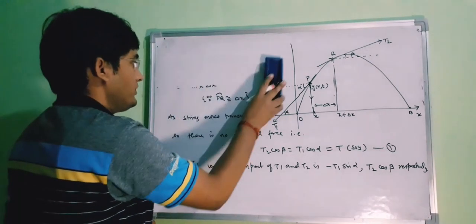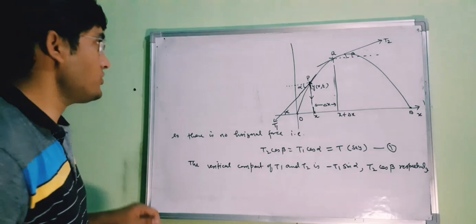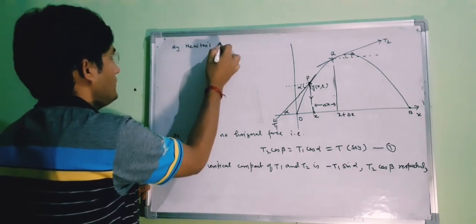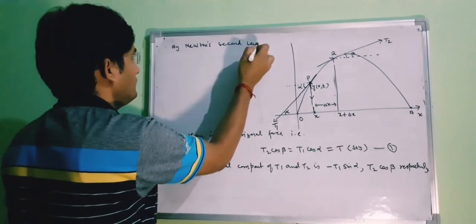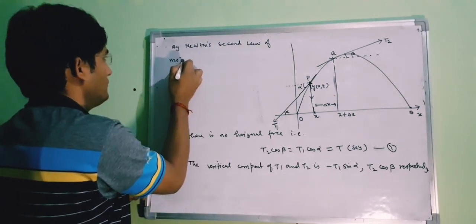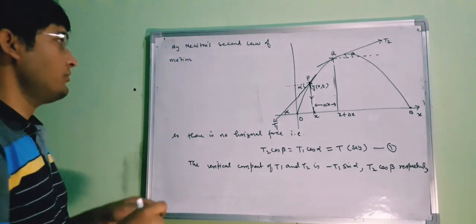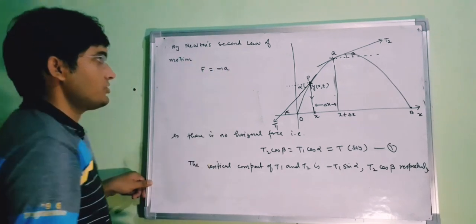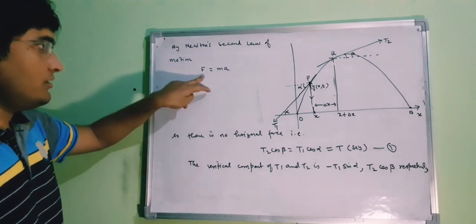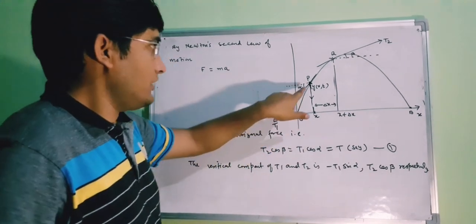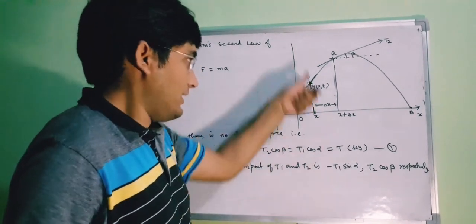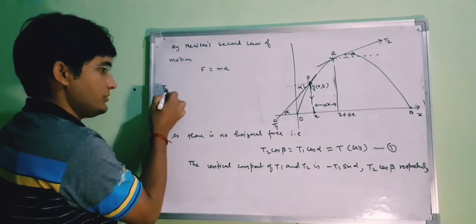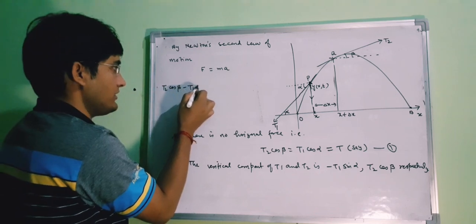Now by Newton's second law of motion, which is force equal to mass into acceleration, the force at this point in the particular direction is equal to T2 sin beta minus T1 sin alpha.